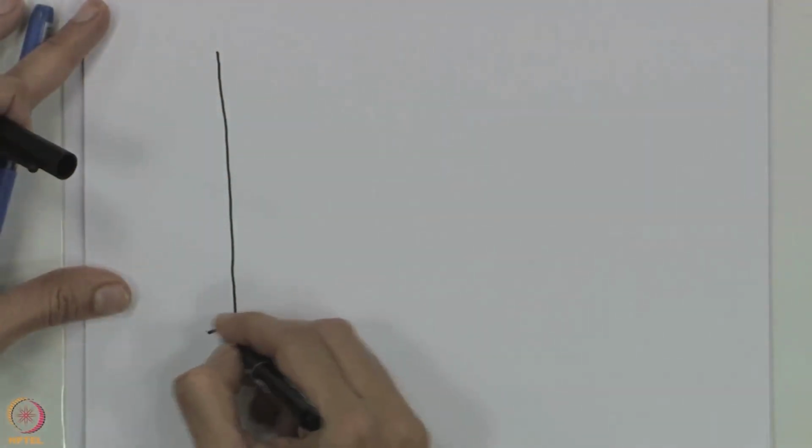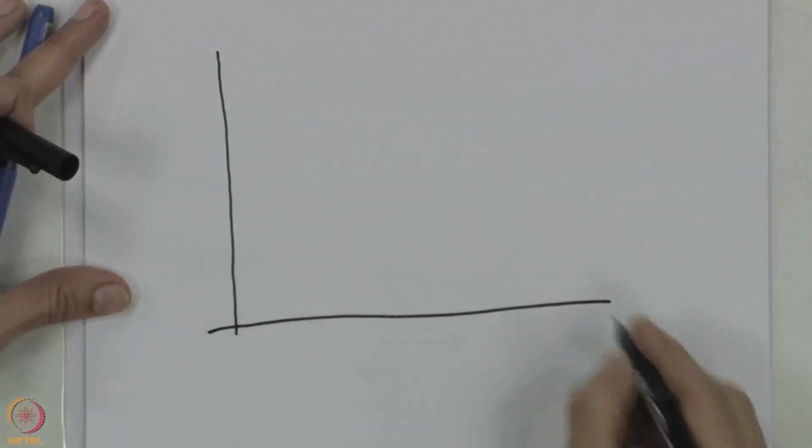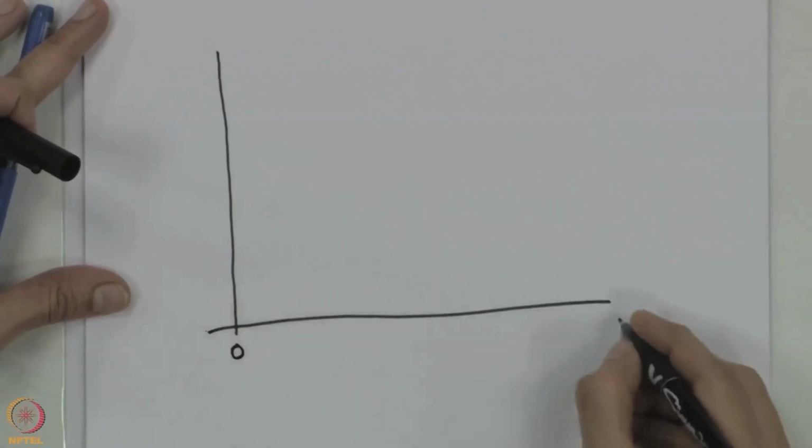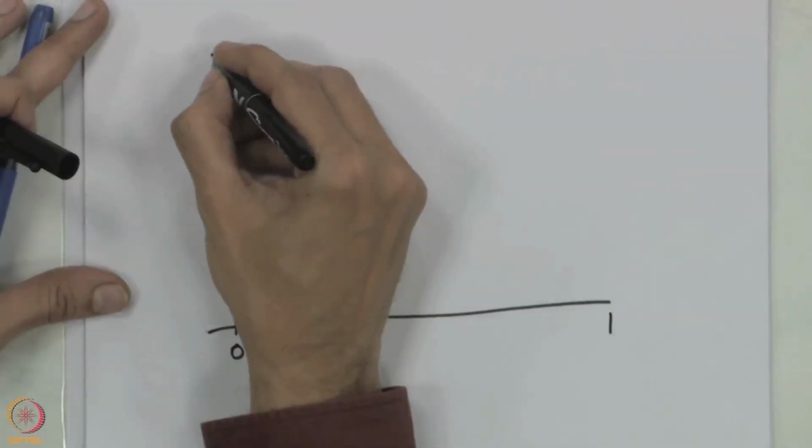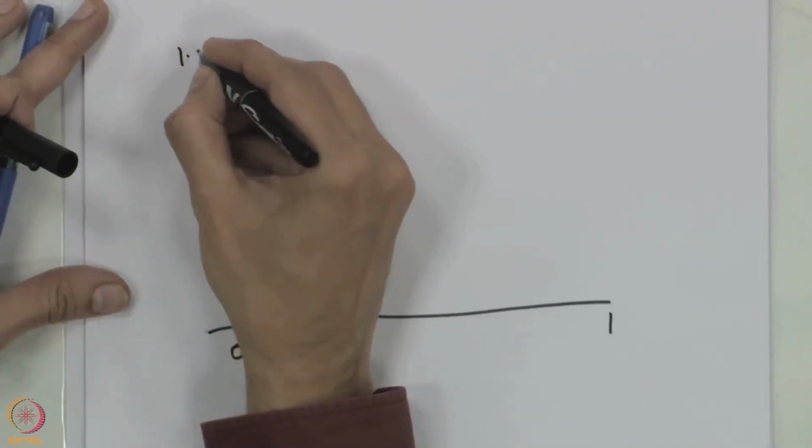On the x axis, we go from 0 to 1, or to 100%, and on the y axis also from 0 to 1.